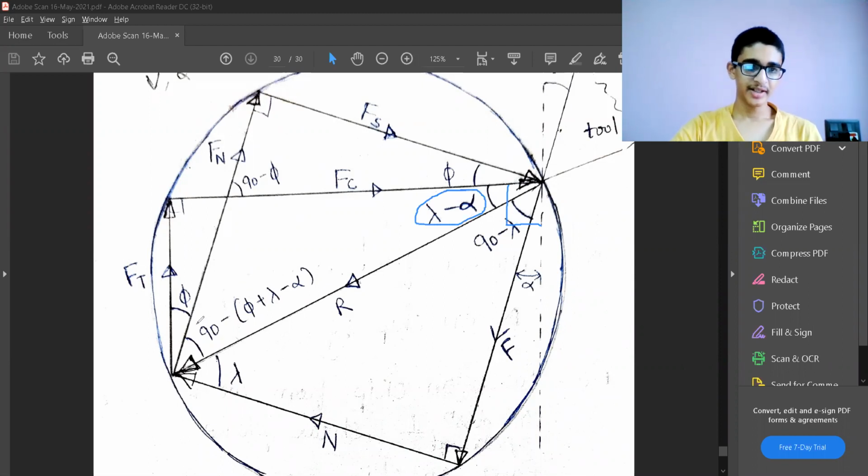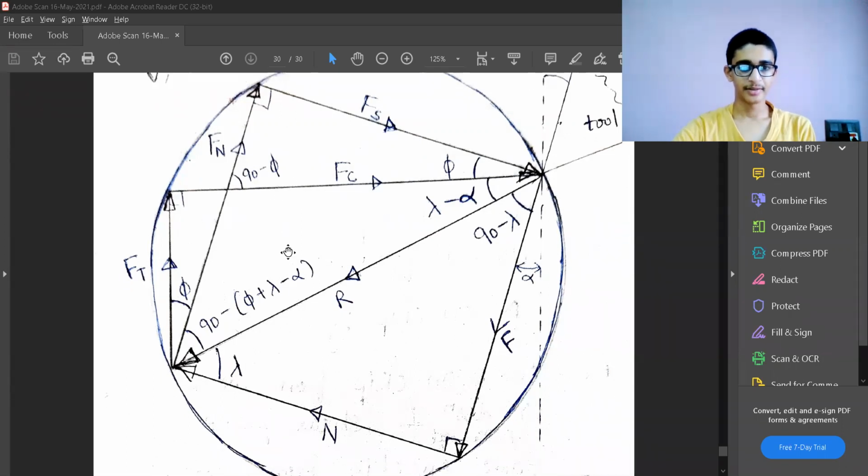And this angle is coming because of this triangle which is made by Fs and Fn. So this is the angle alpha. This is the angle phi plus lambda minus alpha, and the opposite is 90 degrees. That means my remaining angle will be 90 minus this summation, phi plus lambda minus alpha.